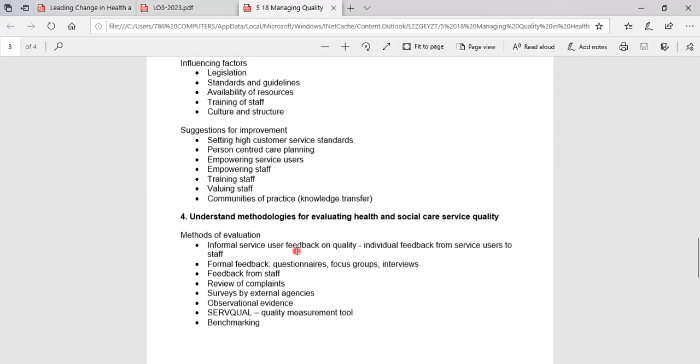So setting high customer service standards, you could have person-centered care planning. You can reinforce it in your day-to-day routine. And then you have empowering your service users.